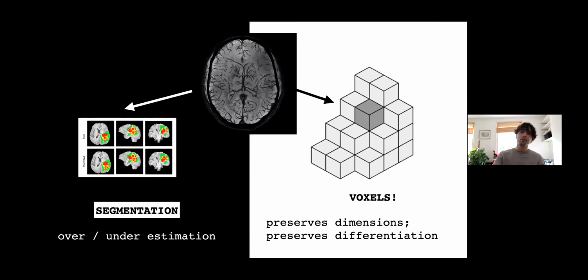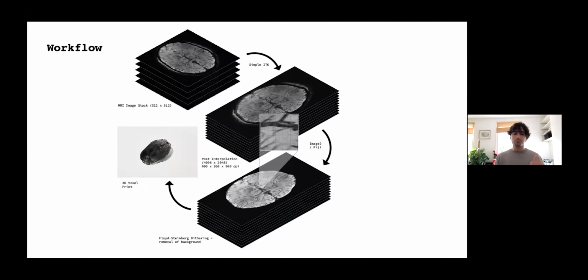So you start off obviously with the MRI images. I then used an open source software called SimpleITK, which is a medical imaging software. And really what you want to do is convert the MRI images into the native format for the 3D printer. So basically a stack of images, but the MRI slices are actually much more far apart than the resolution of the printer.